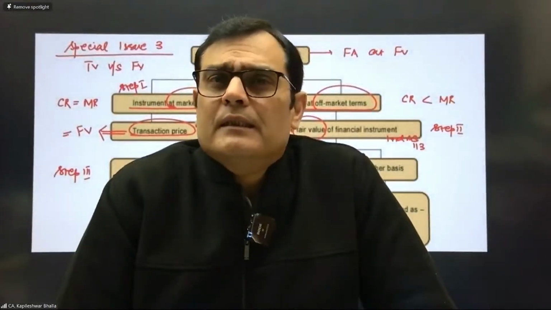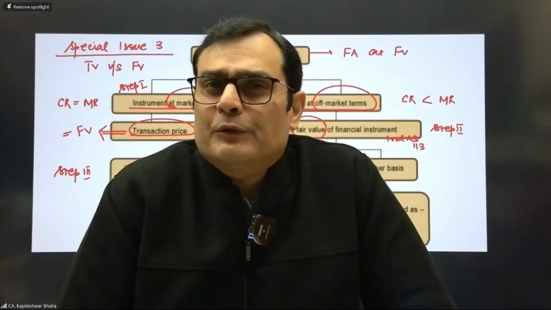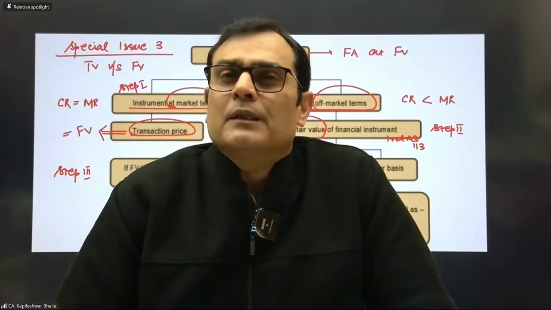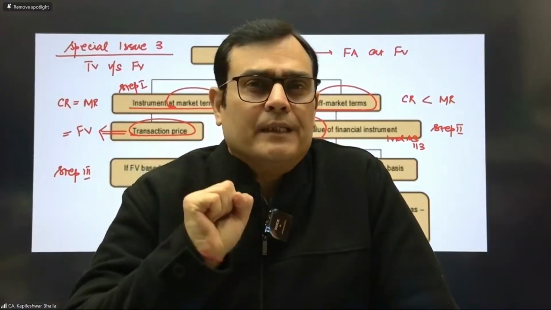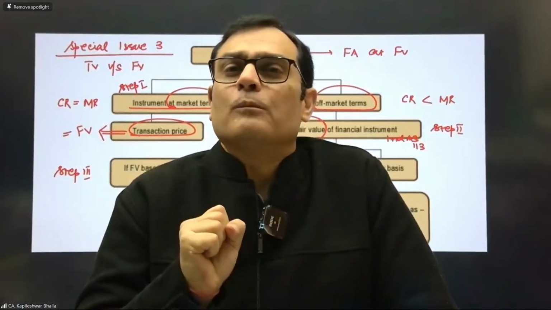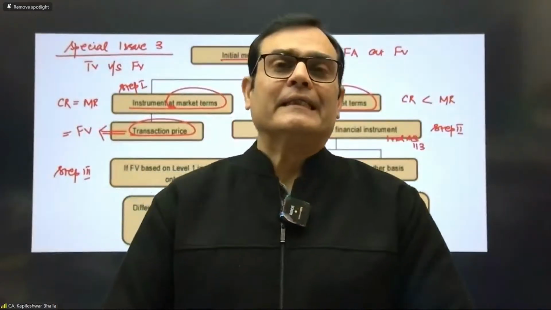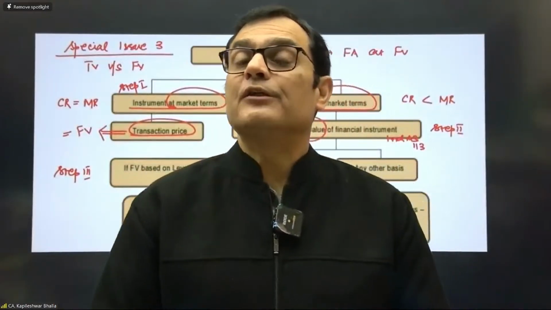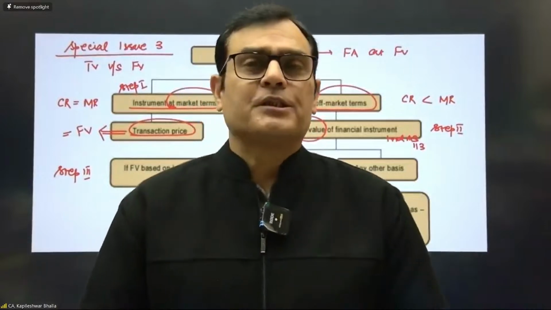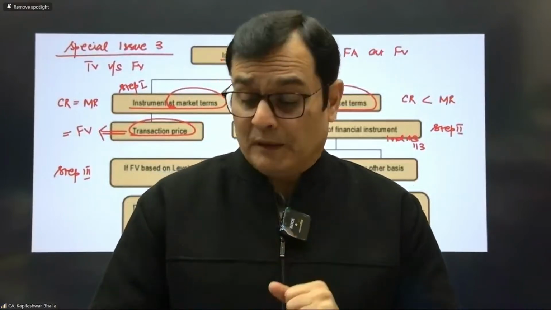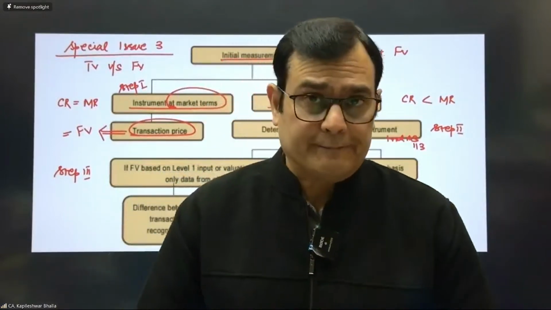When you consider the calculation of fair value under Ind AS 113, we've got 2 kinds of data: one is called observable data and one is called unobservable data. Let me tell you what the observable and unobservable parts are.